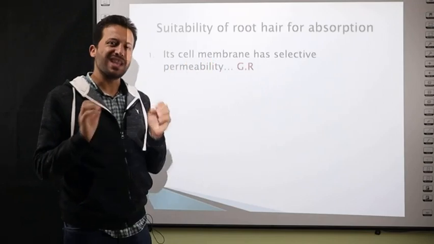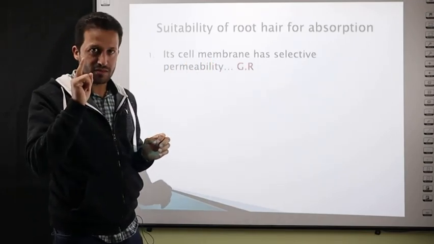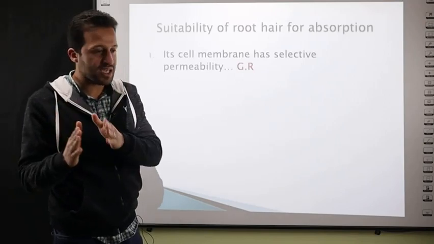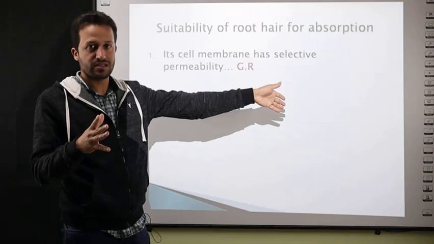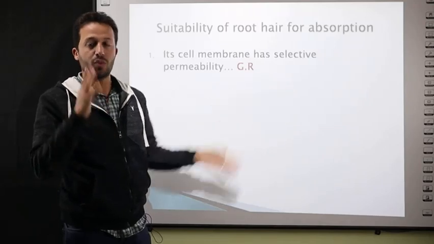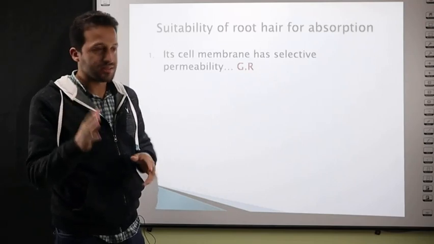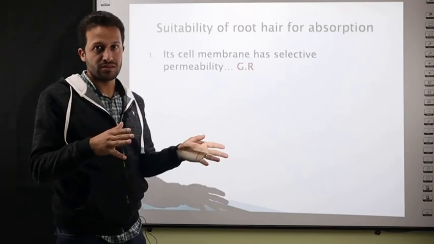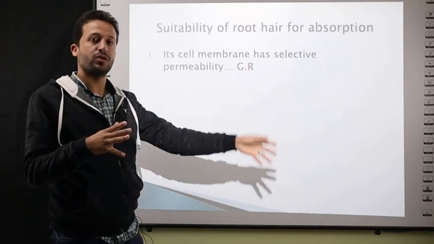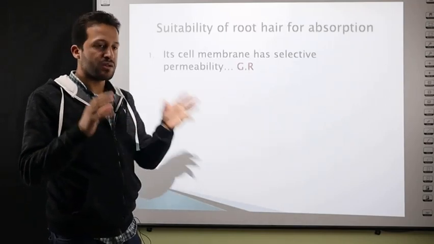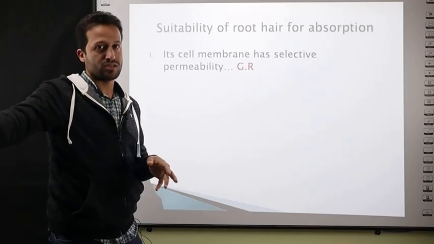What is the meaning of selective permeability? The cell membrane selects which mineral salts can pass through it and enter the cell, and which can't pass through. So it selects what the plant needs and lets it move through and go in the cell, and what the plant doesn't need will be kept outside.